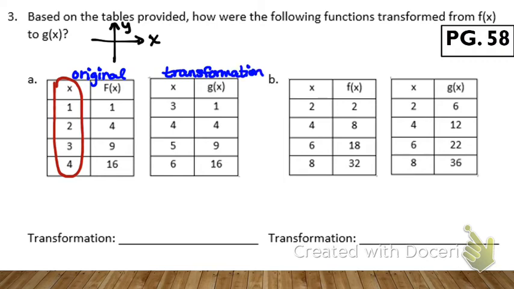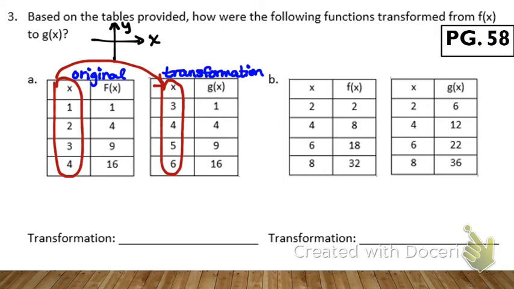All of the x's in the first column have been transformed in the same way to give me the x's in the other table. So if I started at 1 on the x-axis, and then I moved that point over to 3, which way did I go? Right. How far right? 2. If I go from 2 originally, and then I move it to 4, which way have we gone?